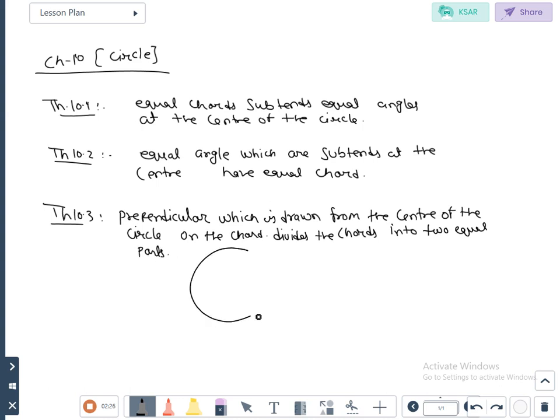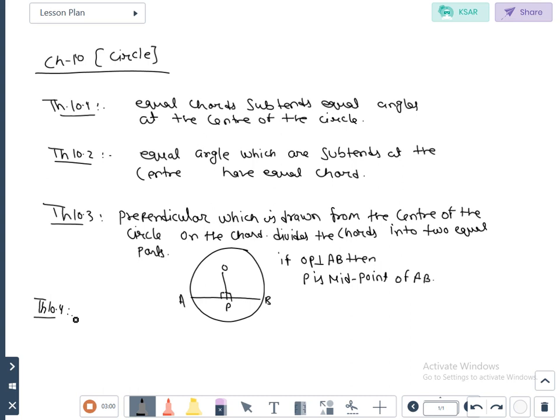The meaning is, in the diagram, O is the center of the circle, AB is the chord, and OP is perpendicular to AB. Then P is the midpoint of AB. That is the theorem 10.3 statement, and we can easily prove it using congruency.